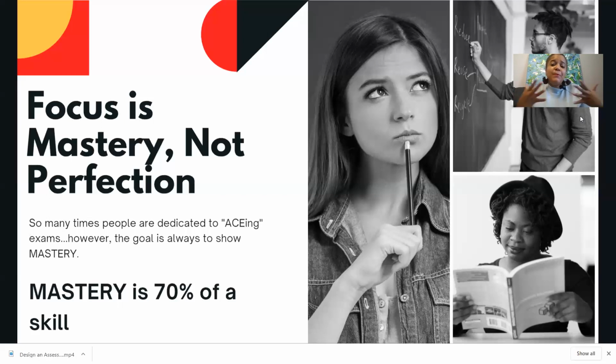We have the right to mess things up. We have the right to be wrong some of the time. So that's one reason why when we're testing, as a test writer or someone creating the assessment, we don't always focus on 100%. We focus on mastery, because that gives us a better understanding of who needs what support. That's mastery. And once again, the focus is mastery, not perfection.